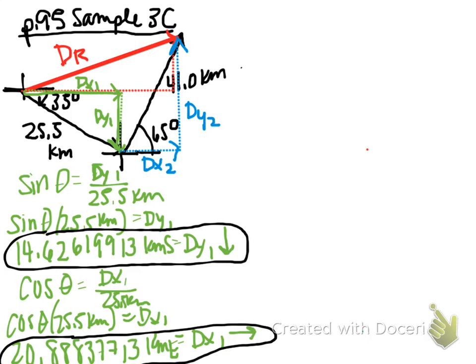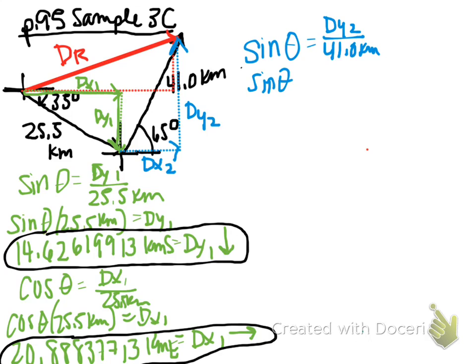Okay, and to find dy2, here we're going to use sine, because the y displacement is opposite the angle. So sine of theta is equal to dy2 over our 41 kilometers.